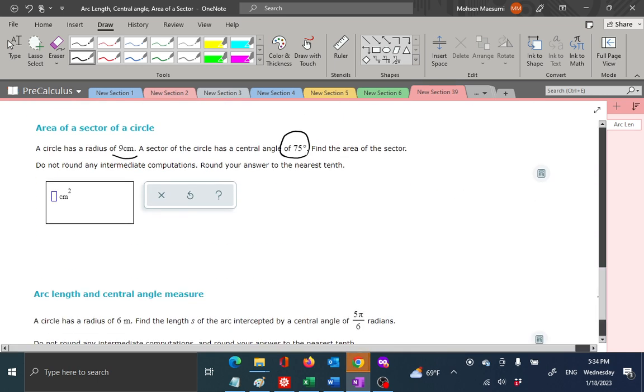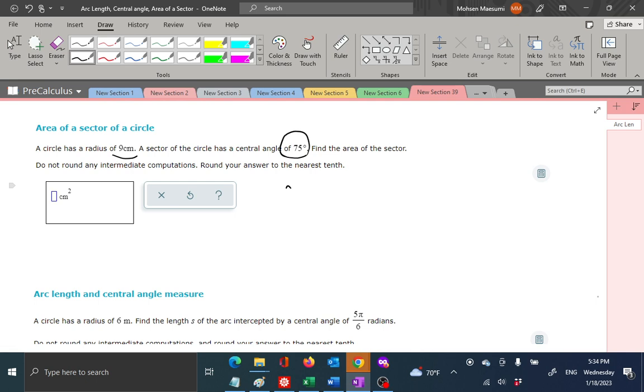So in this case, I have an angle of 75 degrees. What is the radian equivalent of that? I say 75 divided by 360 times 2 pi. So I divide by 360, multiply by 2 pi. Then the area that I want is alpha over 2 times r squared.